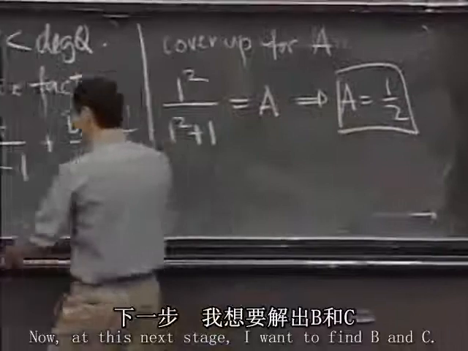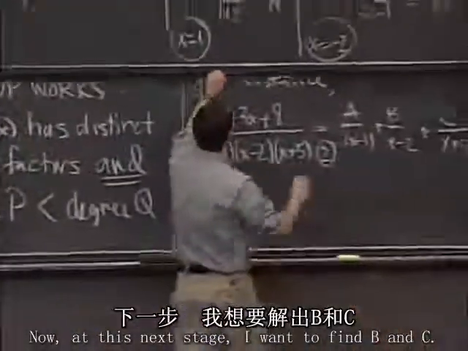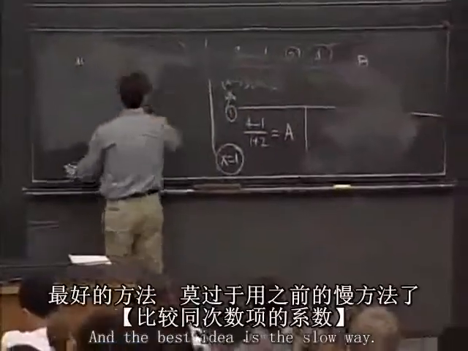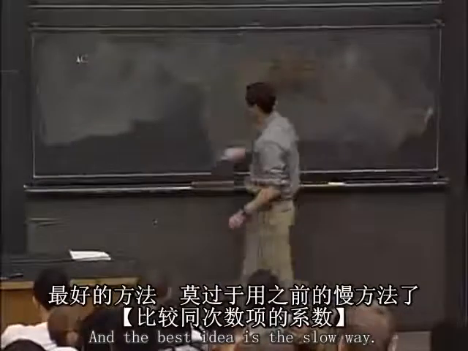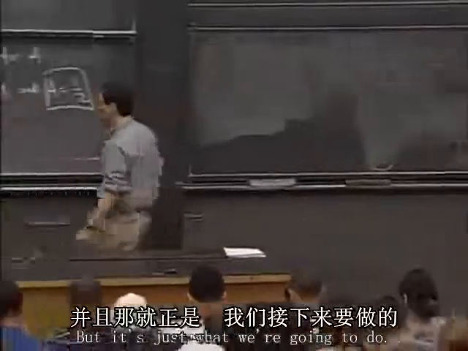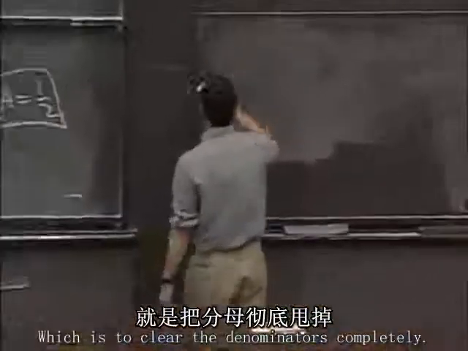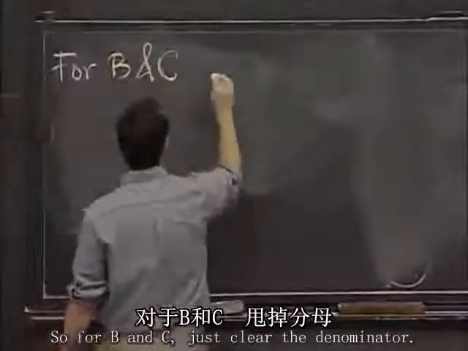Now, at this next stage, I want to find B and C. And the best idea is the slow way here. It's not too terrible, but it's just what we're going to do, which is to clear the denominators completely. So for B and C, just clear the denominator.